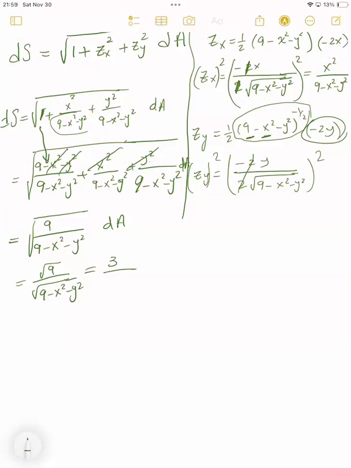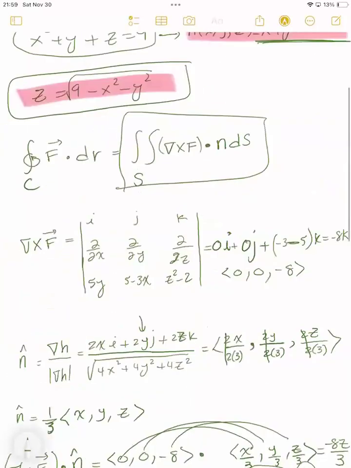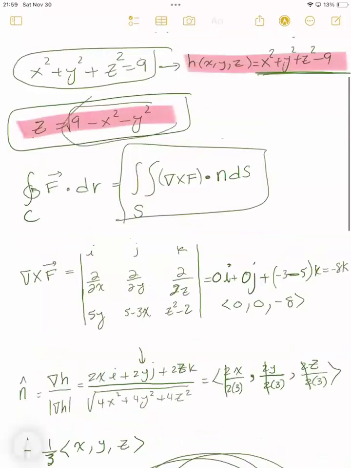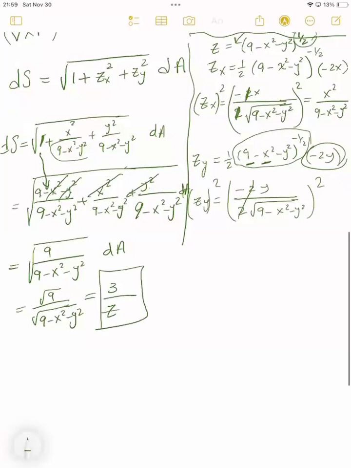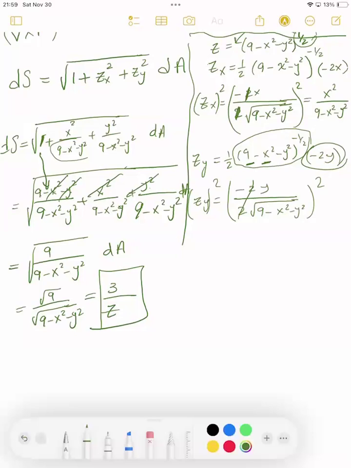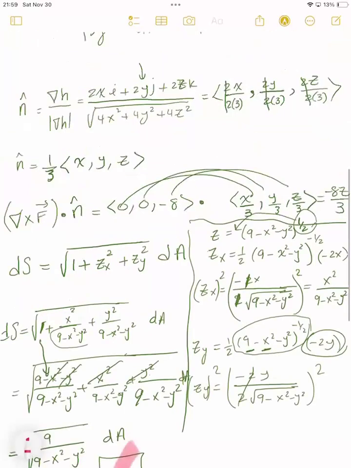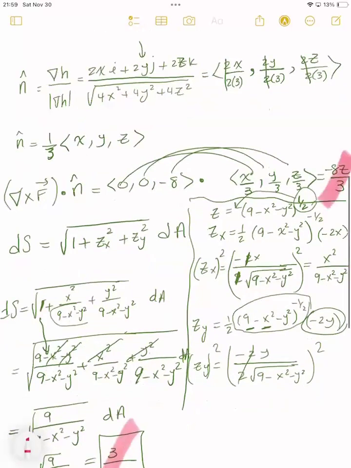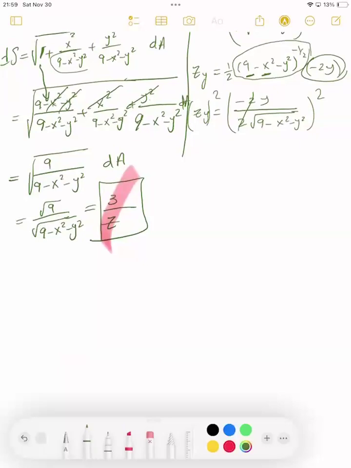And a square root of 9 minus x squared minus y squared is really z. That's what z is. So I'm just going to change it to z. So I have that. So I need this, and then I need the product, this. Those are the two things we have, and we have our integral now.